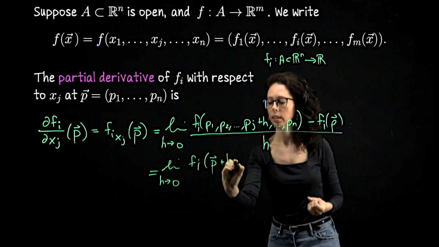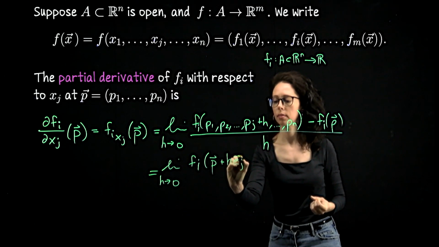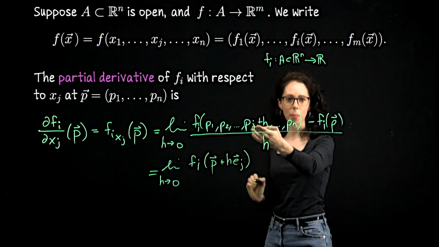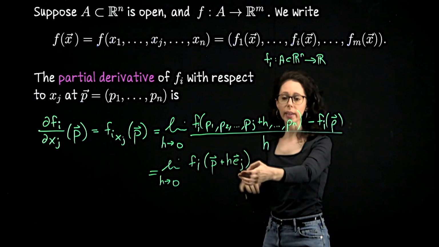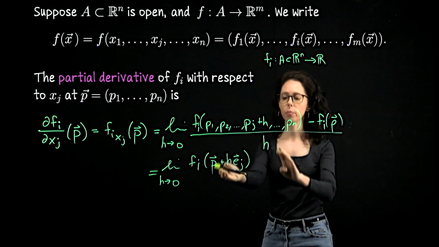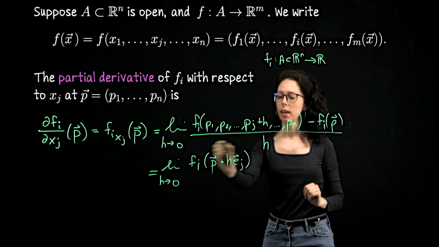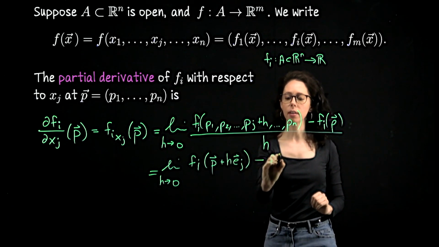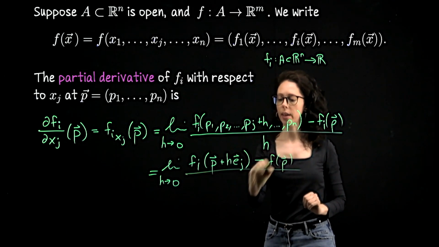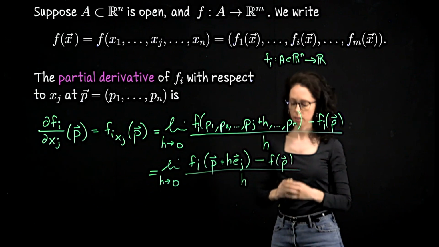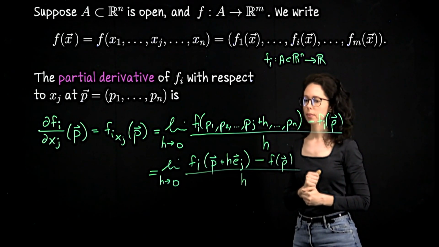So h e_j. This will return you back these coordinates. So e sub j only has a 1 in the jth coordinate and 0 elsewhere, so it won't affect these, and then we're scaling that by h. How does this compare to where we started? And then get the ratio of that change to the change in the inputs.